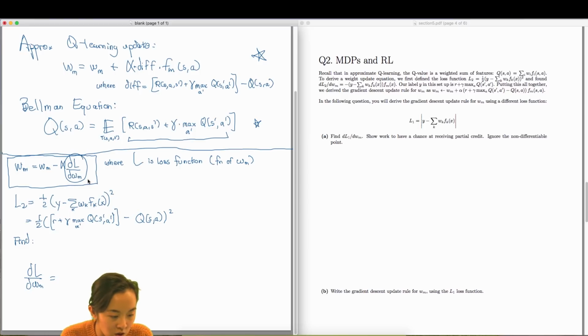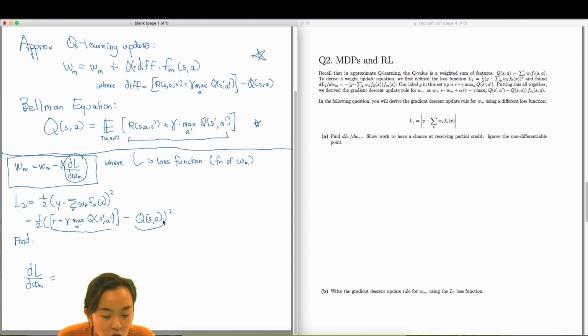So in approximate Q-learning, we've defined this L2 loss function, as seen in the problem statement over here. If you plug in what they defined for y, then you get this. Let's try to make sense of this loss function. It is essentially encouraging these two values to be close to each other, right?